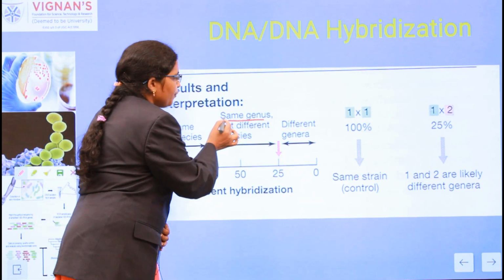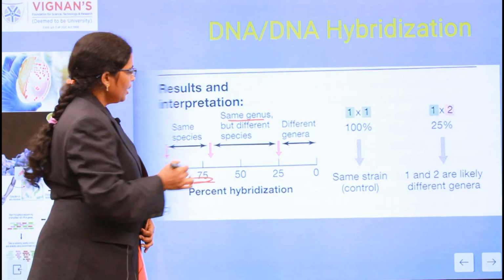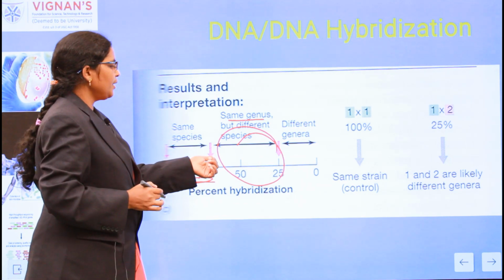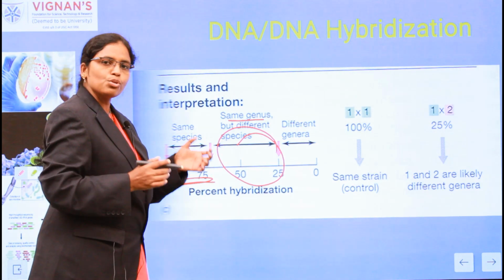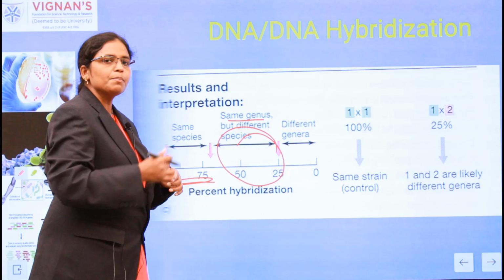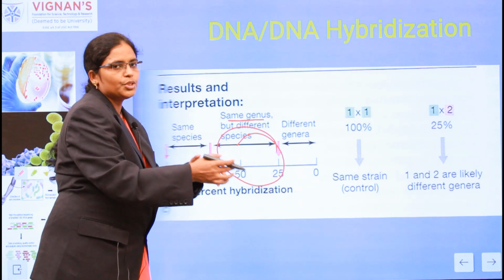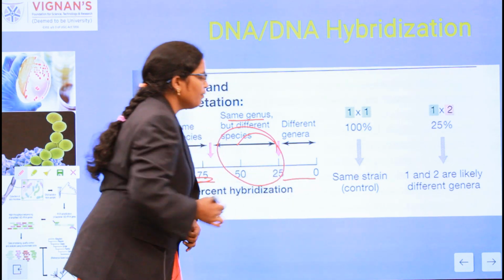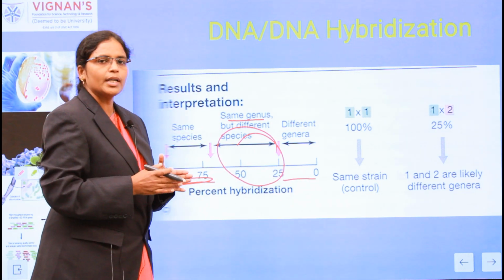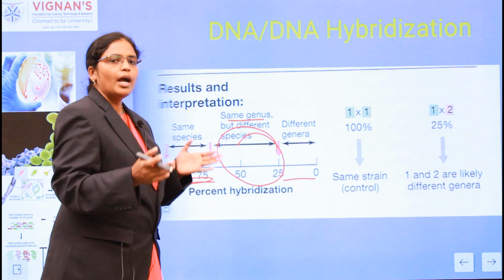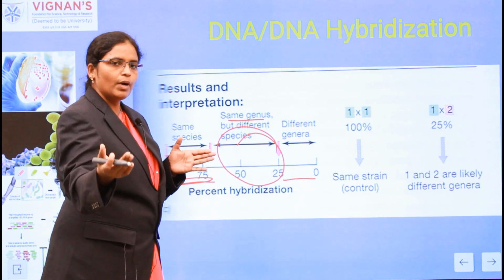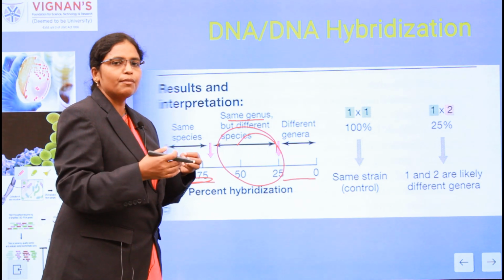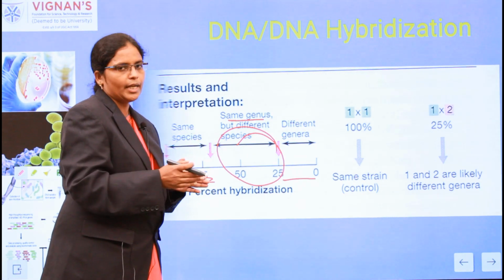And if two organisms are taken and the hybridization is between 25 and 75%, then we can say those two organisms are similar but come under one particular genus. And below 25% hybridization means those two organisms differ and are from one genus to another genus, that means the genus differs for each of the two organisms.